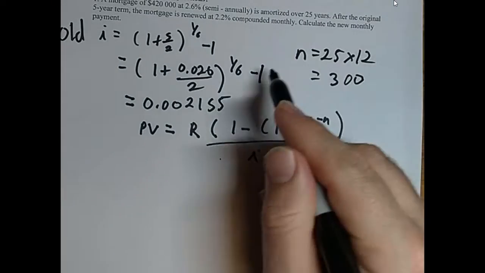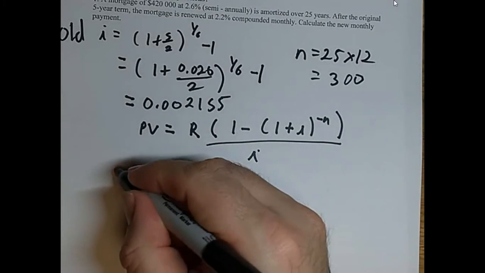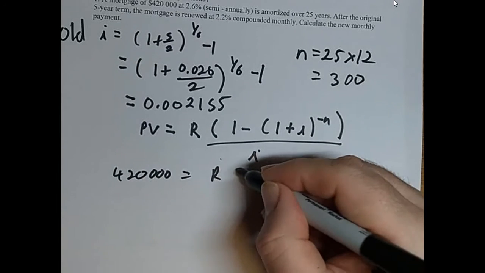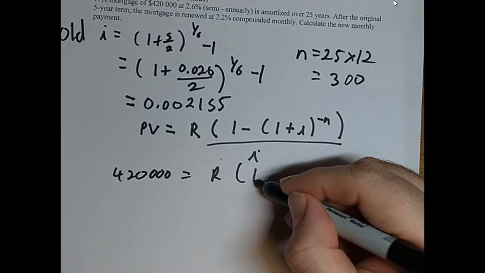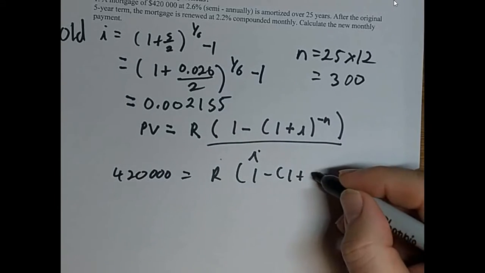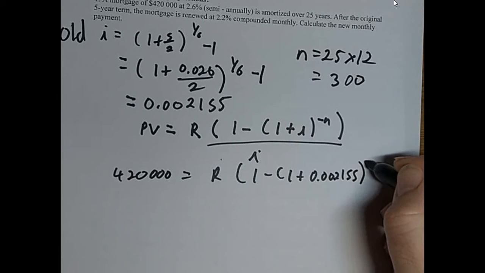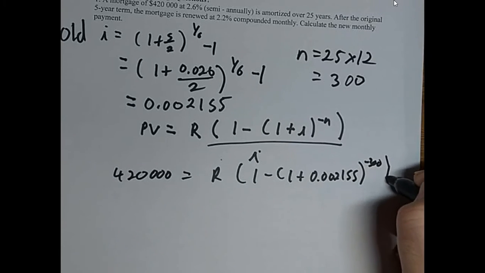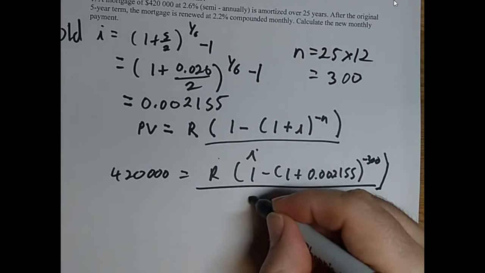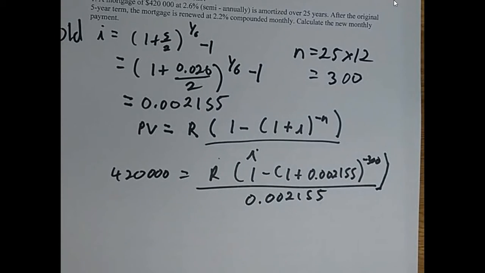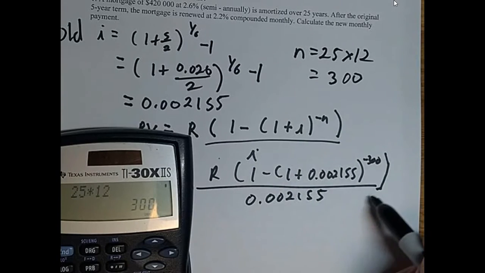Our PV is 420,000, which equals R times (1 minus (1 plus 0.002155) to the negative 300) all over 0.002155. Now we're going to use our calculator to calculate this.